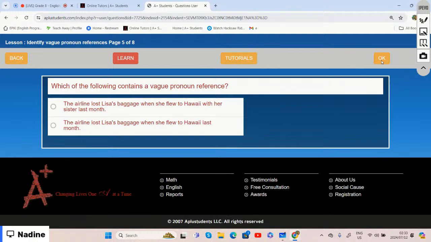Or option two, which says, the airline lost Lisa's baggage when she flew to Hawaii last month. We need to choose the vague pronoun reference.